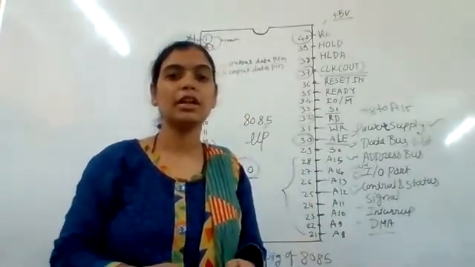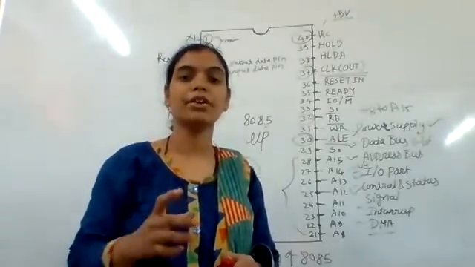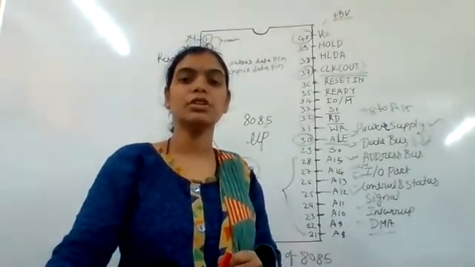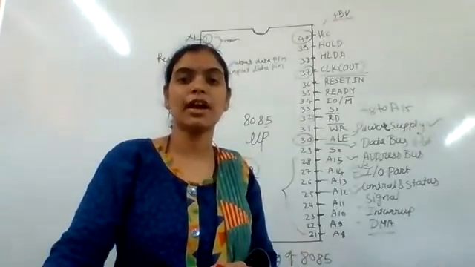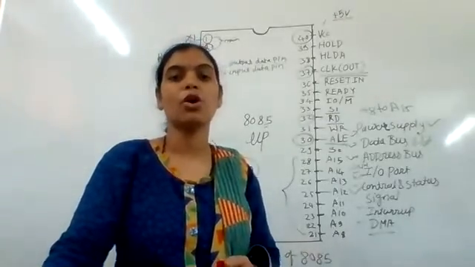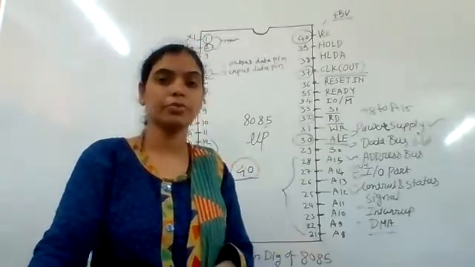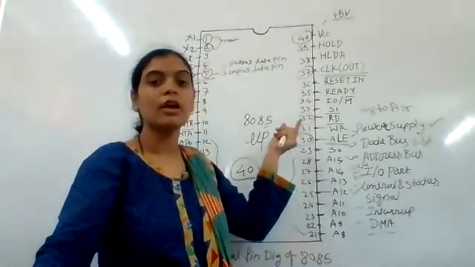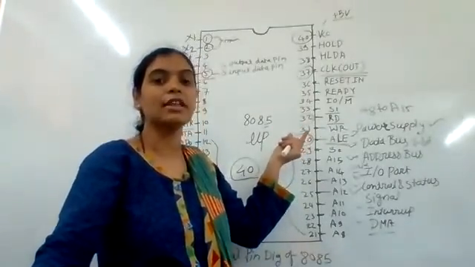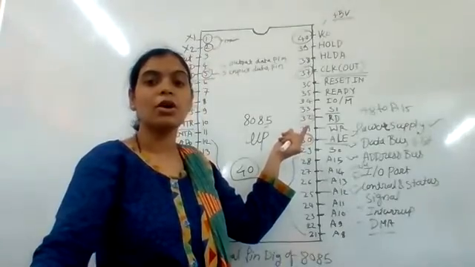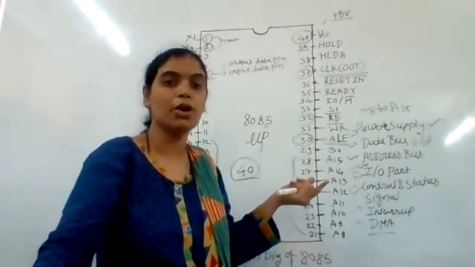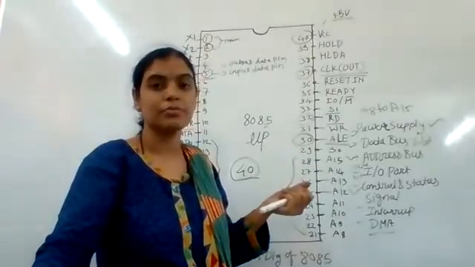The low signal on this pin shows the read operation, either from the IO device or from the memory unit, thereby indicating that the data bus is now in a position to accept data from the memory or IO device.